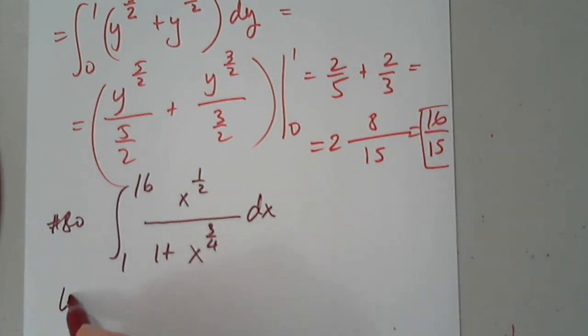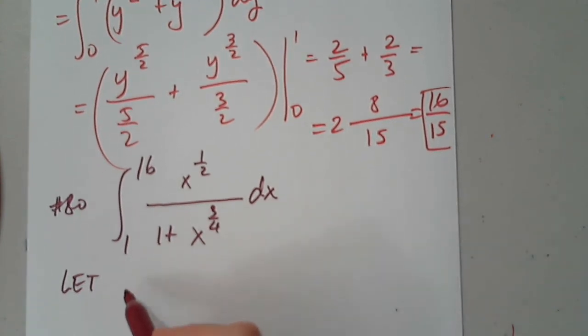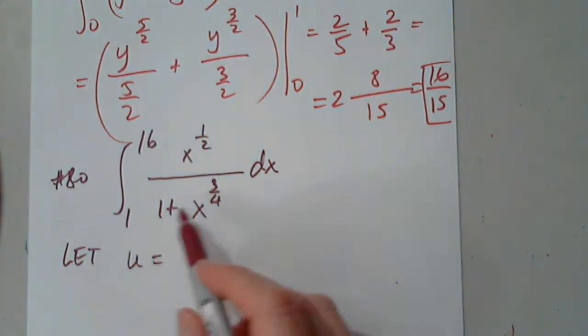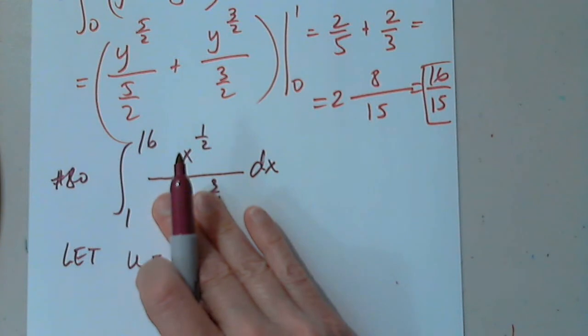So I will say let u be... Sometimes, as I said, we may find two different substitutions, one that works better than the other. Let me try one thing. So this is what I don't like because it has two terms in the denominator.